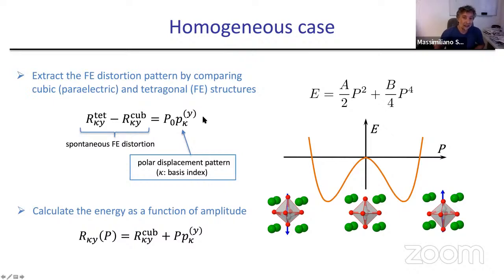Once we have this distortion pattern, we can generate a set of atomic configurations by linearly increasing the amplitude of this distortion starting from the cubic structure, and this allows us to draw from first principles the double well potential, and therefore access the parameters A and B. This is very straightforward.